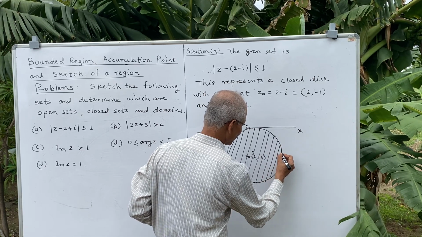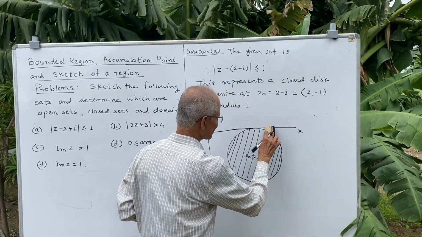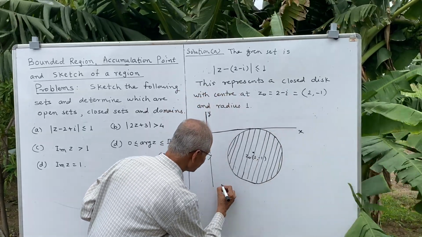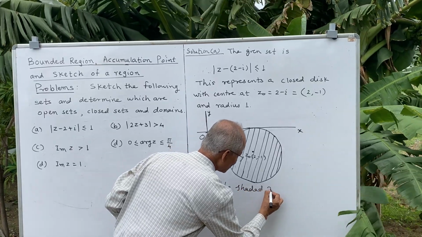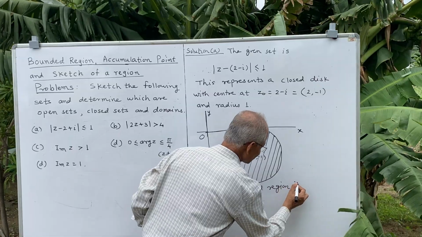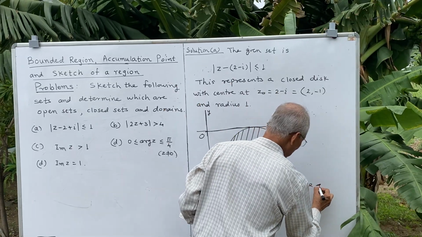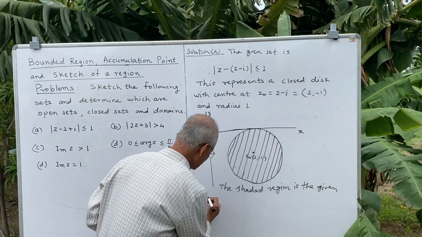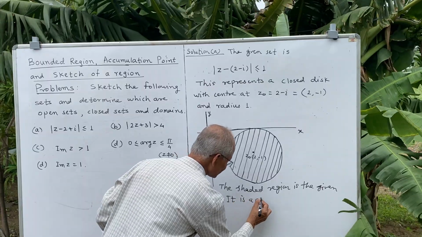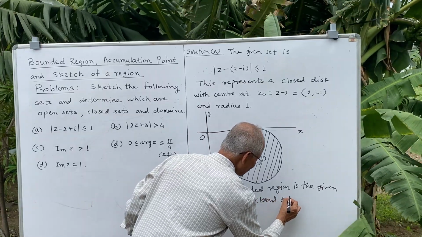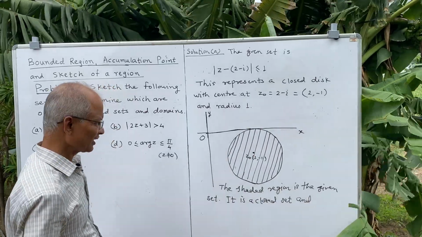Up to the boundary and not outside the boundary. So the shaded region is the given set, and obviously this is closed, it is a closed set and not a domain, because by definition a domain is an open connected set.